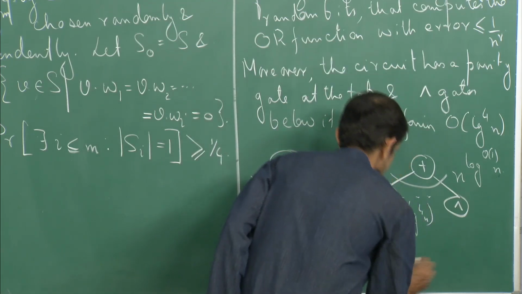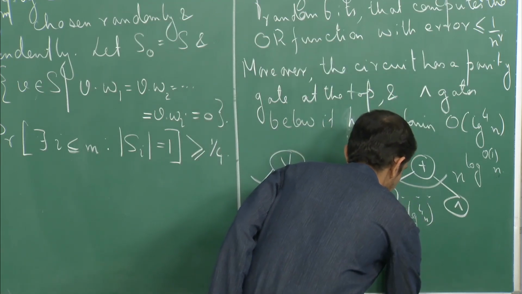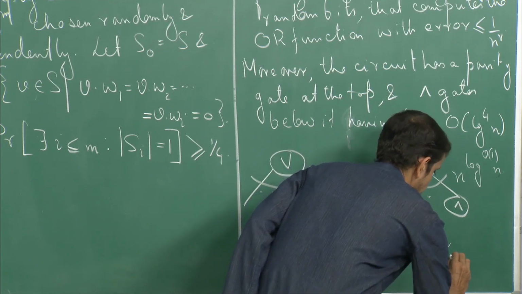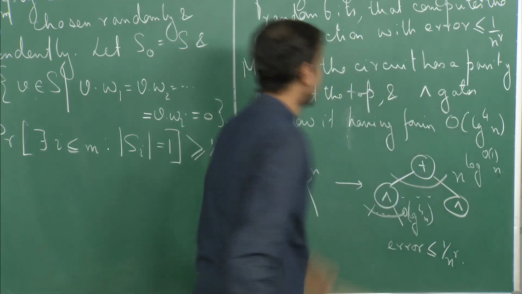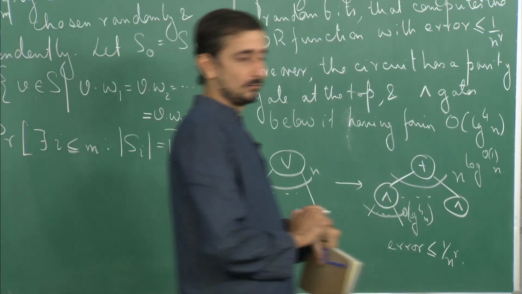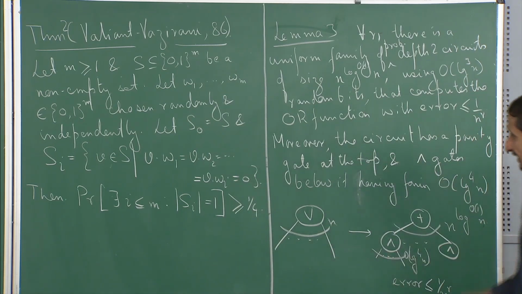This computes the OR function with error at most 1 over n to the power r, and for any r, so we can choose r as we want.